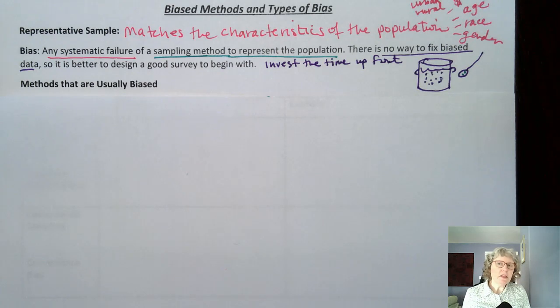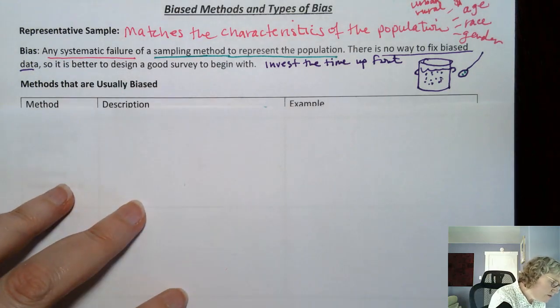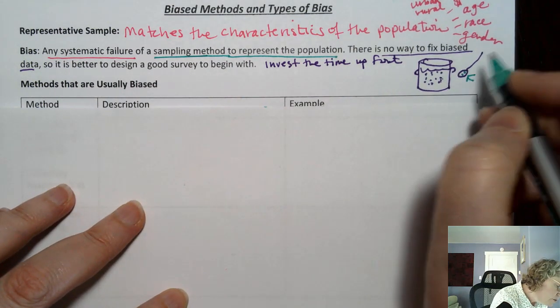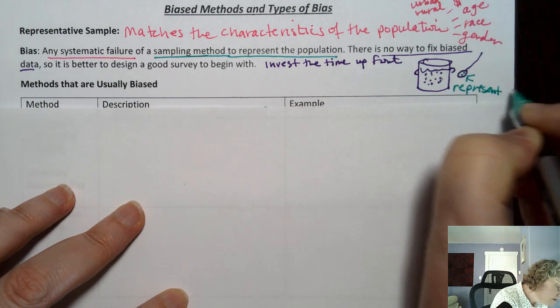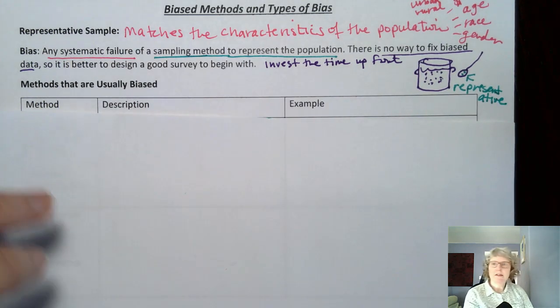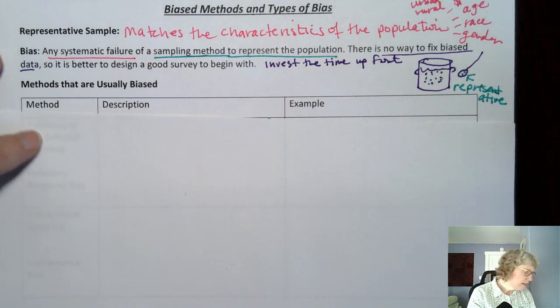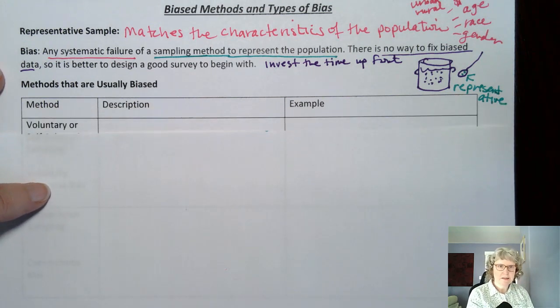So it doesn't have to be huge. And we'll see that later on in the class, actually, it can be too big. We don't want that. So this, my drawing of this spoon, that's your representative sample, okay?